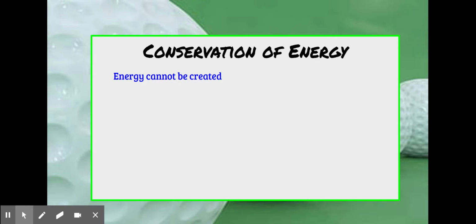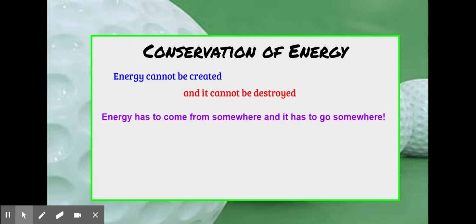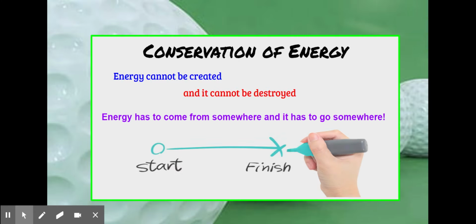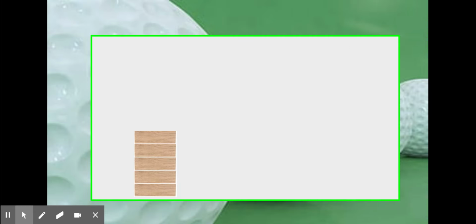Conservation of energy states that energy cannot be created and it cannot be destroyed. The energy has to come from somewhere and it has to go somewhere. In our lab, the energy started with us.